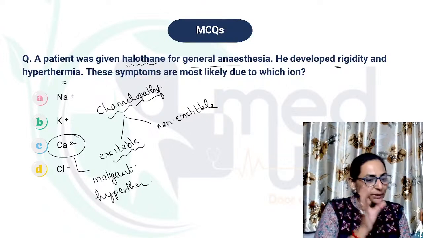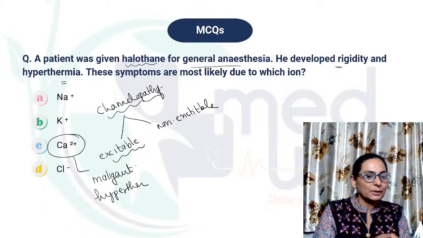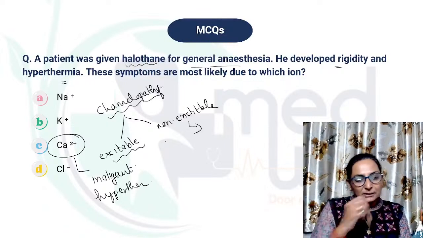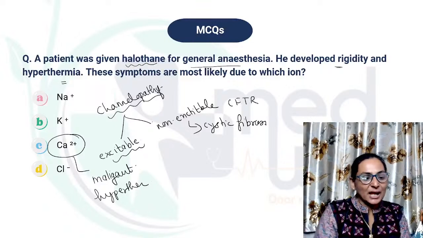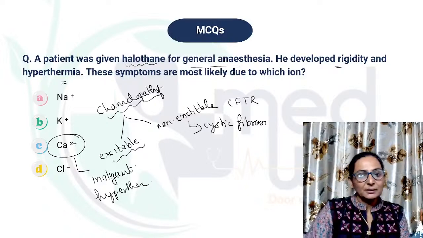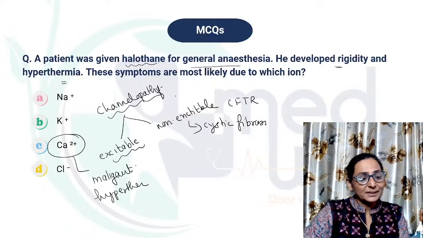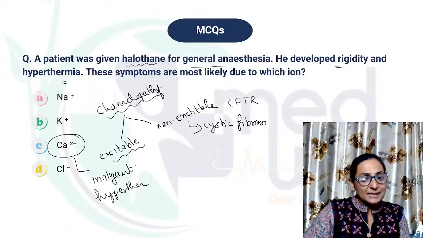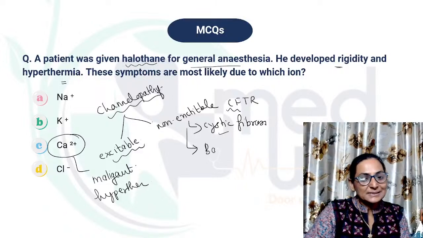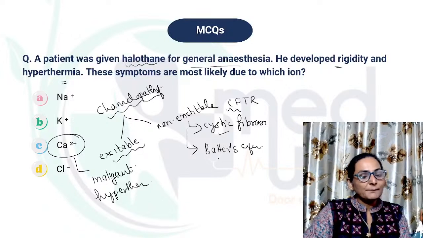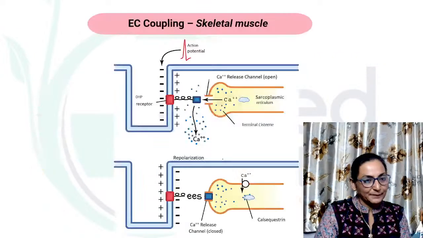But mutations, for example, cystic fibrosis affecting the CFTR channel, the cystic fibrosis transmembrane conductance regulator channel, which is involved in the respiratory system and the pancreatic system. The mutation of this chloride channel results in cystic fibrosis and also Bartter's syndrome, which is again a channelopathy affecting the potassium and chloride channels present in the thick ascending limb of the loop of Henle, right?